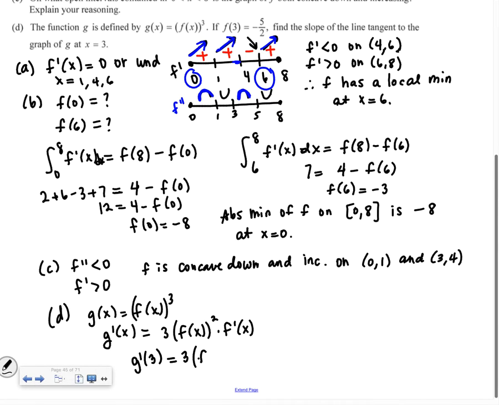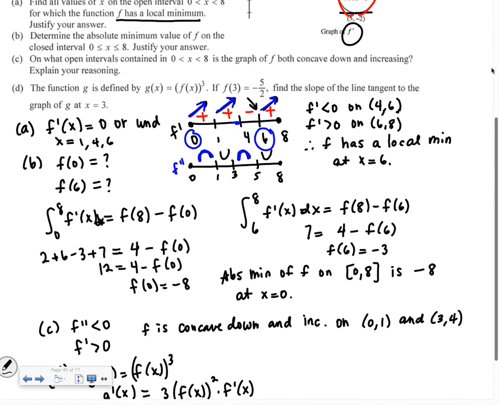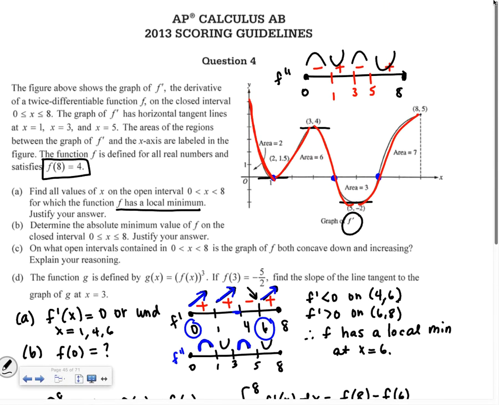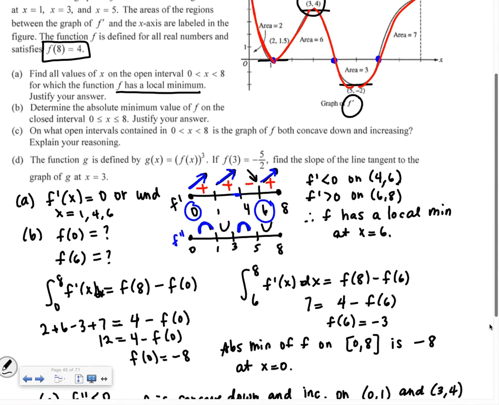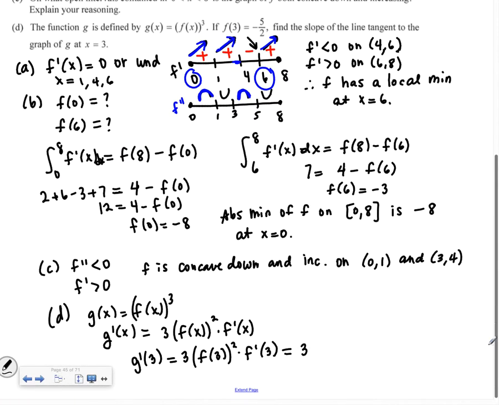So I have 3, whatever f of 3 is, squared times whatever f prime of 3. Okay, so f of 3 is pretty easy. We go up to our graph. F of 3 is going to be, well, actually, f of 3 we don't know, do we? F prime of 3 we do know. F prime of 3 is going to be 4, because that's the point on the f prime graph, 3, comma 4. So we have that.